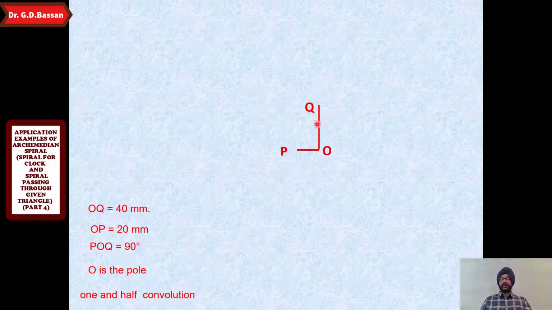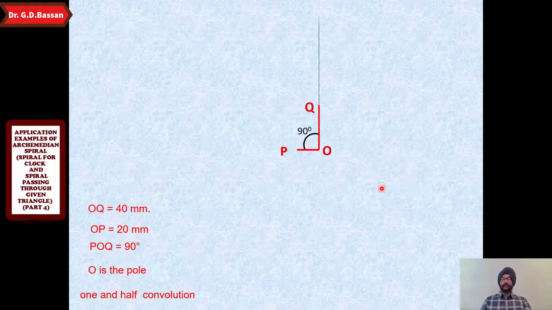From O draw another line OQ equal to 40 mm. This shows the position of the clock at 9 o'clock, where the hour hand is OP and the minute hand is OQ. Now we have to draw the Archimedes spiral that passes through both points P and Q. The problem is similar to the previous one.